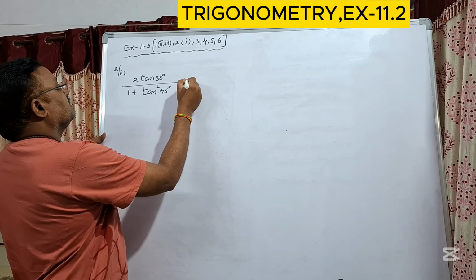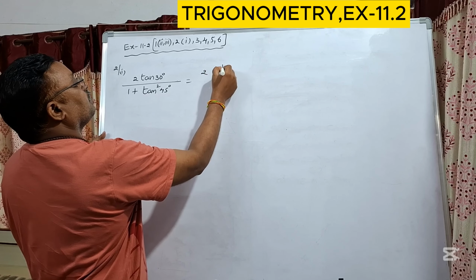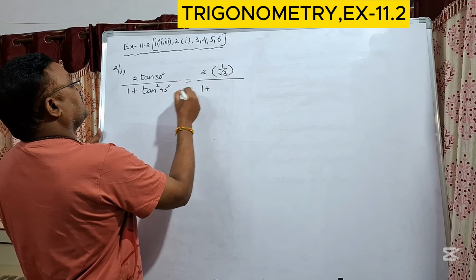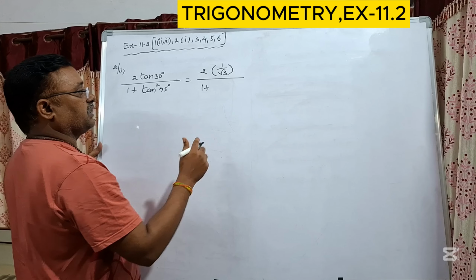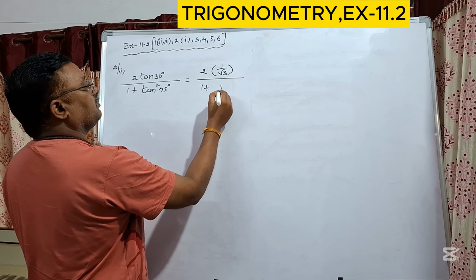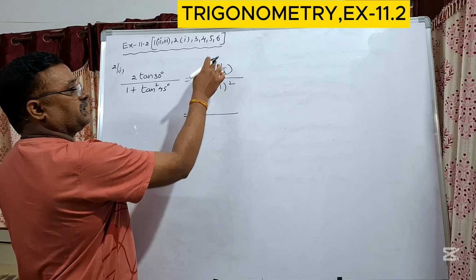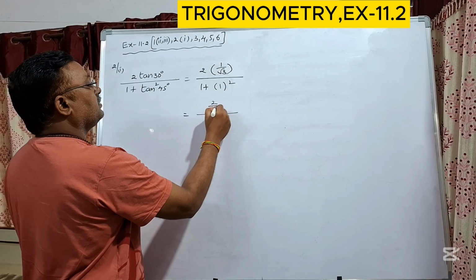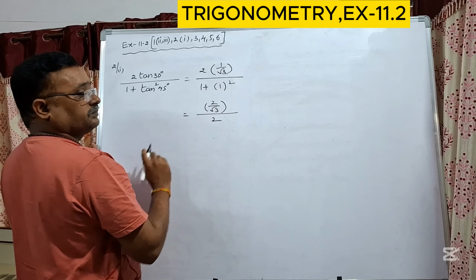So substitute it. This is equal to 2 into tan 30 degrees value 1 by root 3 by 1 plus tan square 45 degrees, means tan 45 degrees whole square, that is tan 45 degrees value 1 whole square. Substitution completed, now simplify. Understood? Now this is 2 by root 3 in the numerator, and this is 1 plus 1, 2.